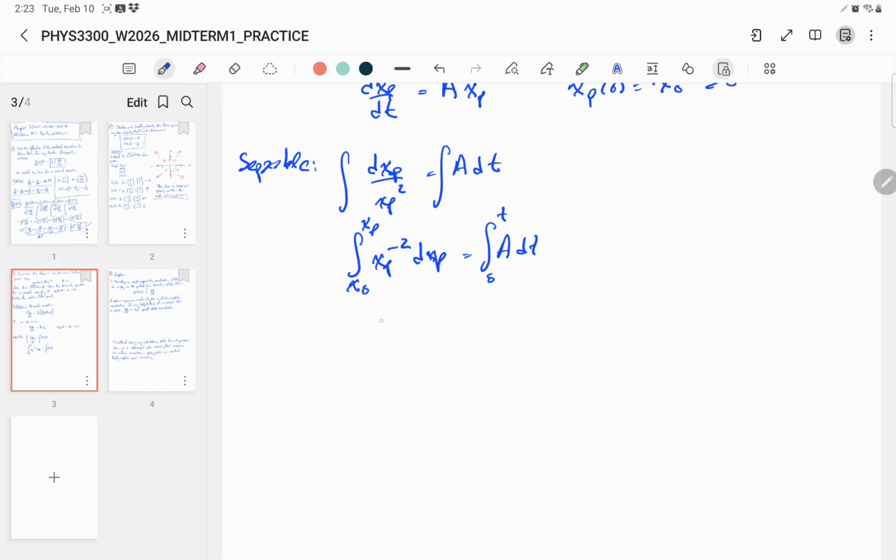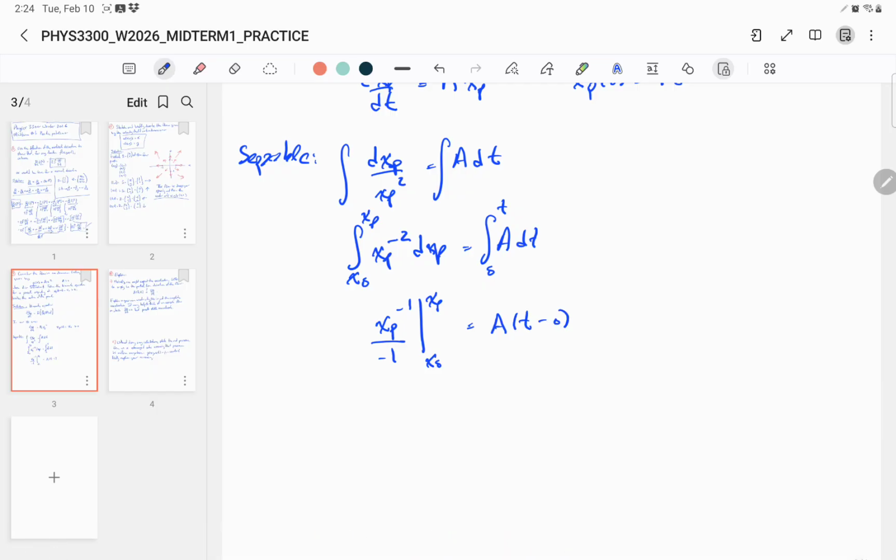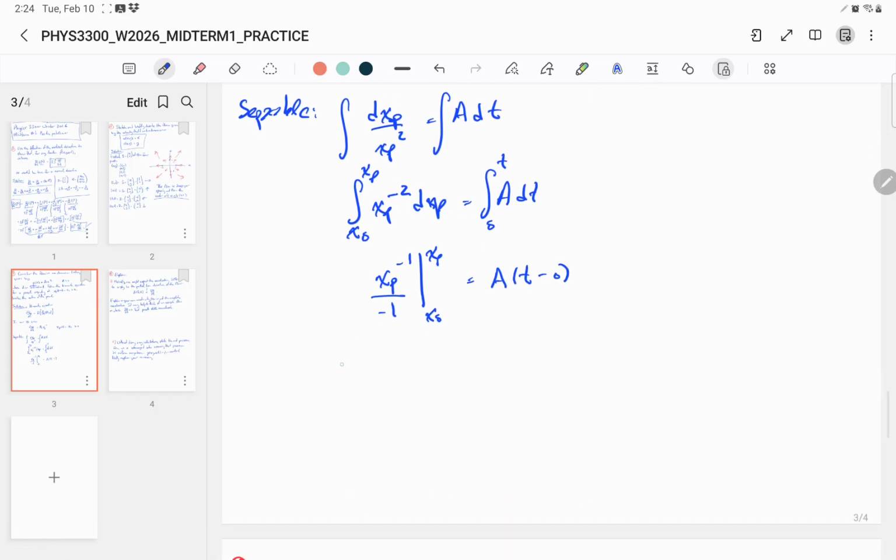And so the integral of x_p to the minus 2 is x_p to the minus 1 divided by minus 1. And that's evaluated at x naught and x_p, and that equals a times t minus 0. So we get here negative 1 over x_p evaluated at x_p, x naught equals at. So we get negative 1 over x_p minus 1 over x naught equals at.